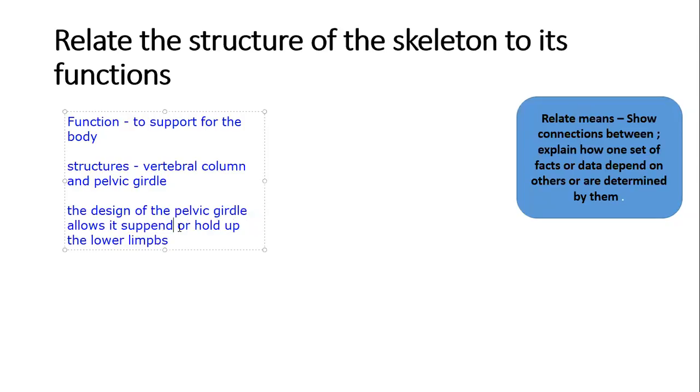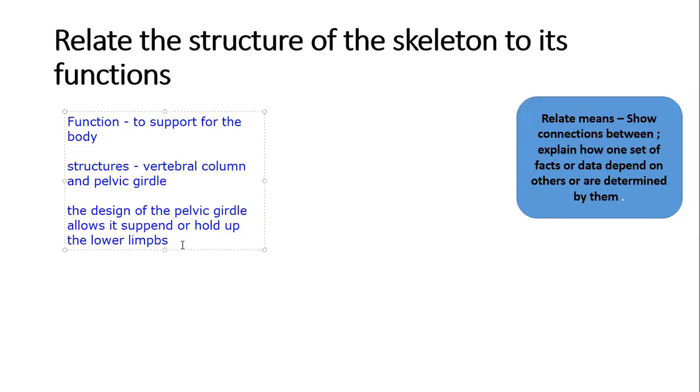So what about you, Chevel? Mona mentioned support. What about you now? It protects the vital organs. For example, the rib cage.